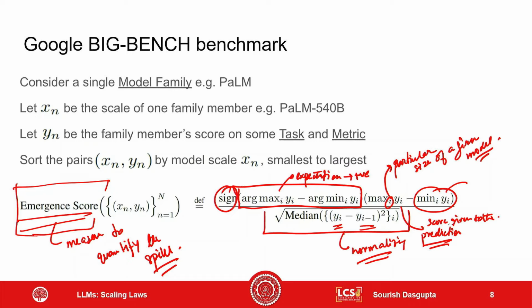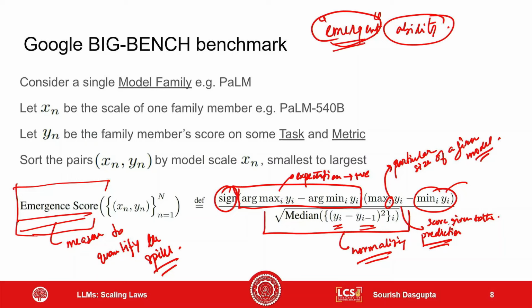Now over here I want to clarify something before I move on. When I say emergent ability, there are two words that you need to understand carefully. Your understanding needs to be clear over here. One is, when we talk about emergent, we don't mean that this capability or this ability was completely absent in smaller models.